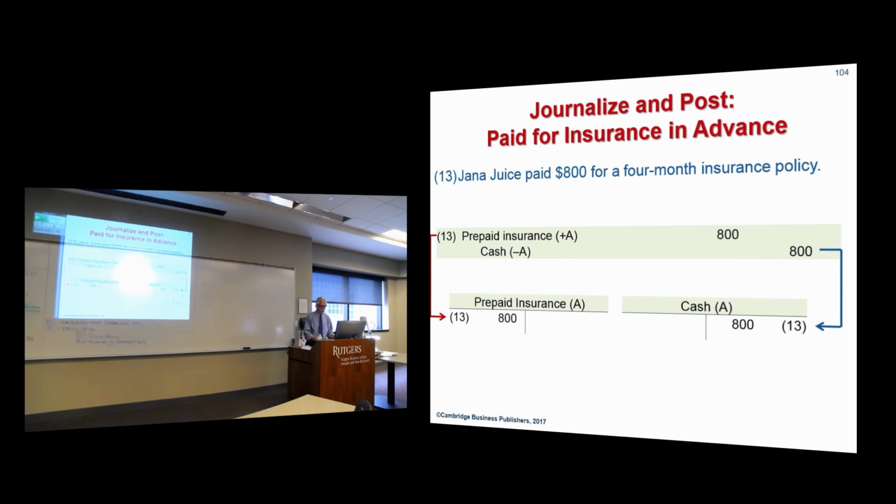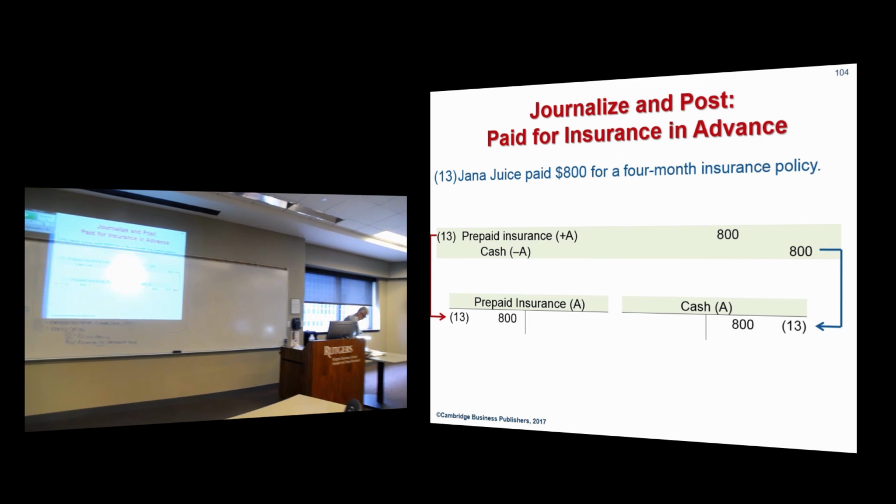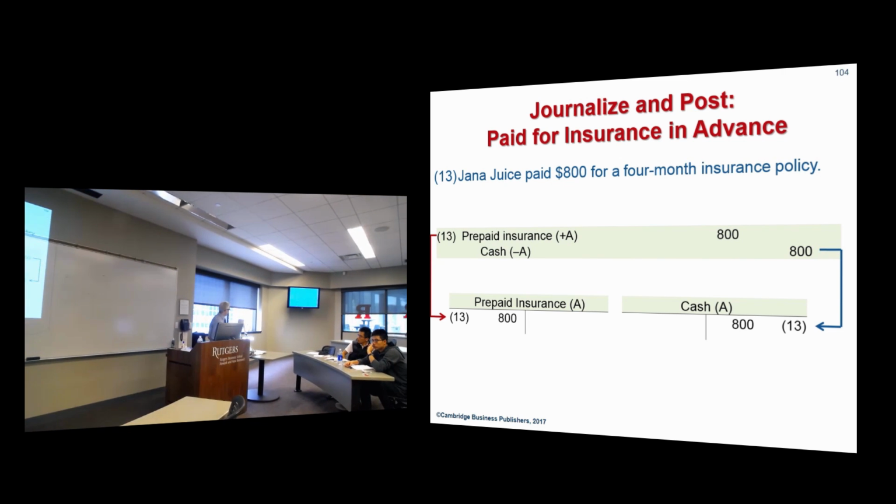Prepaid insurance: one asset goes up by a debit, and we credit cash. In this case, the asset is prepaid insurance. Now remember, we didn't show you that here. Let's go back and get that example up here in a second. Yeah, here it is. Okay.